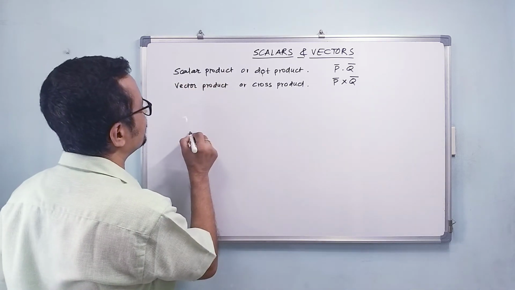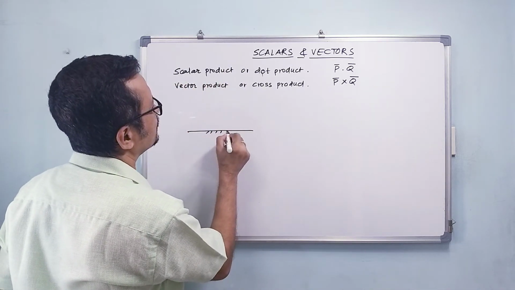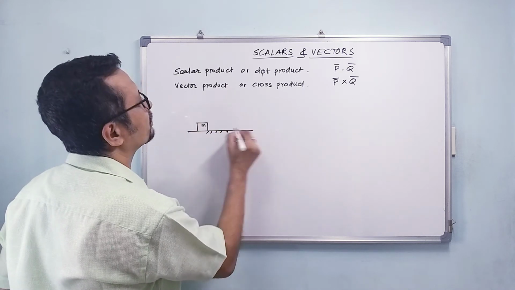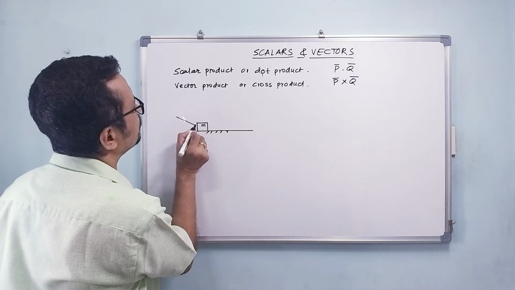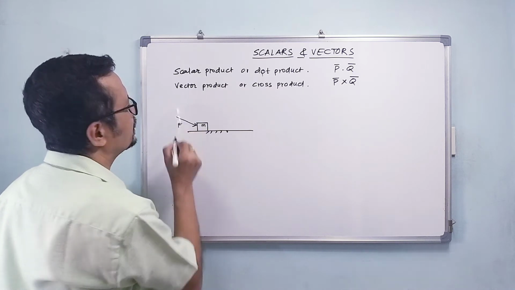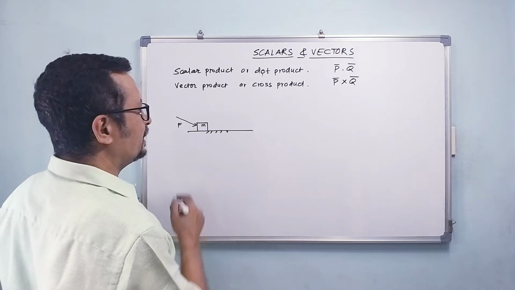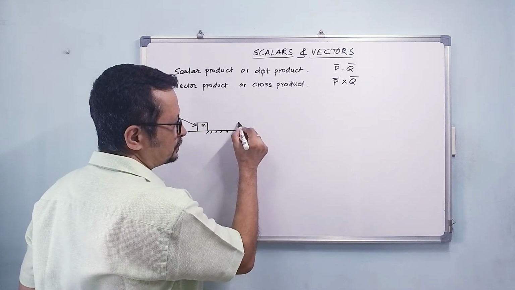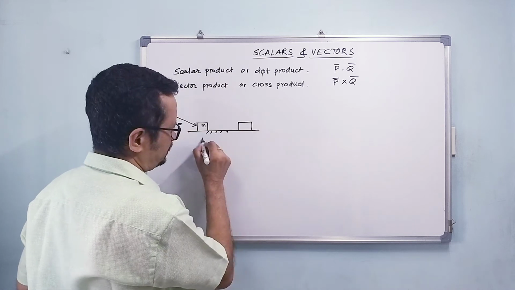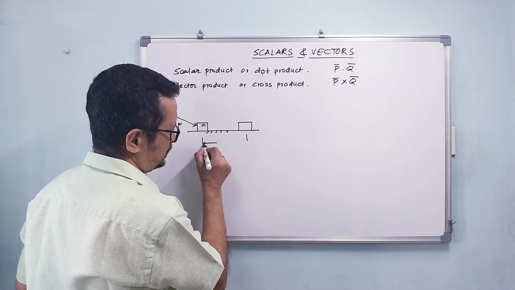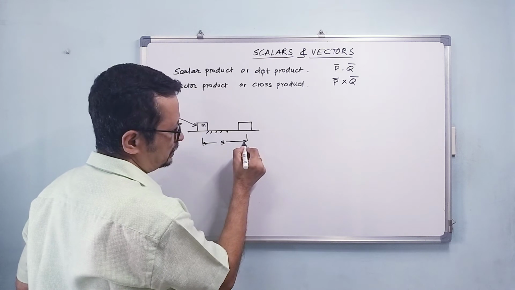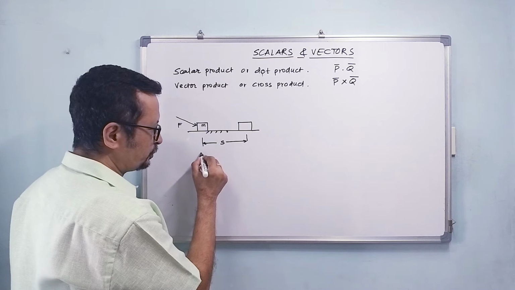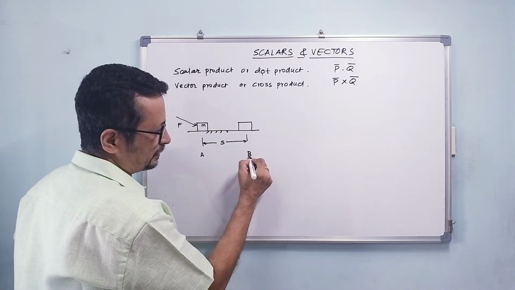So if I have this surface and one mass m here and one force F acts on it, because of the action of this force, the mass moves through a distance s along this surface. The mass slides; the initial position was A and now it has reached B.